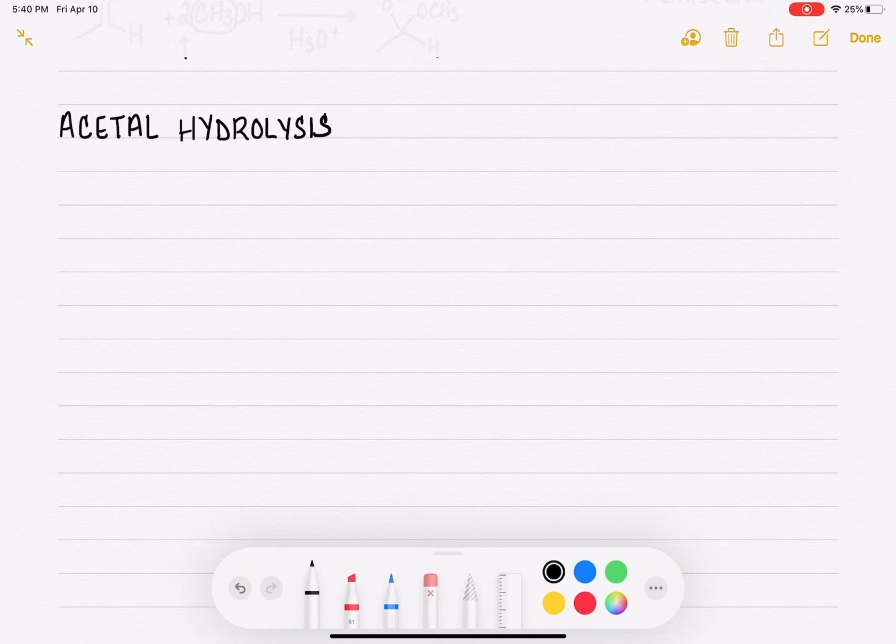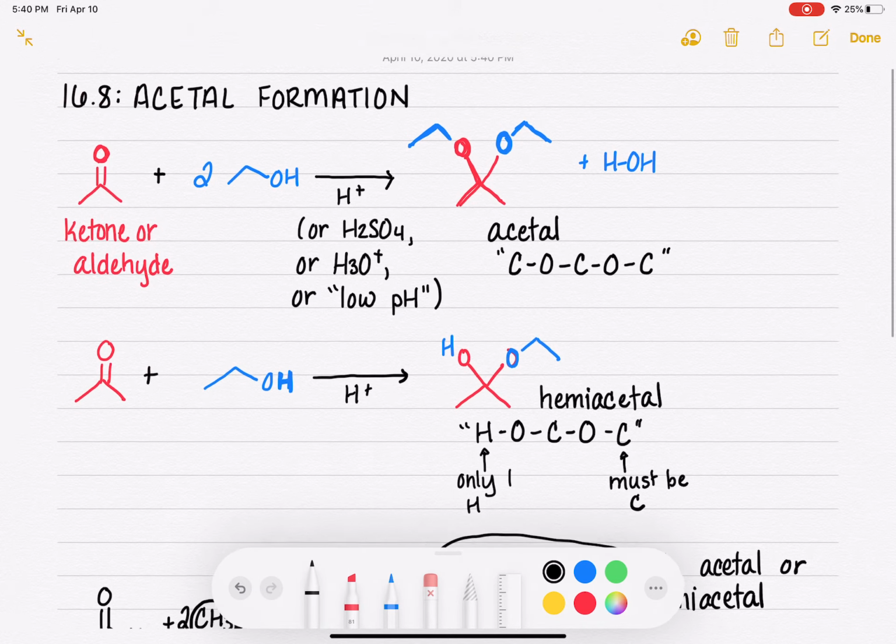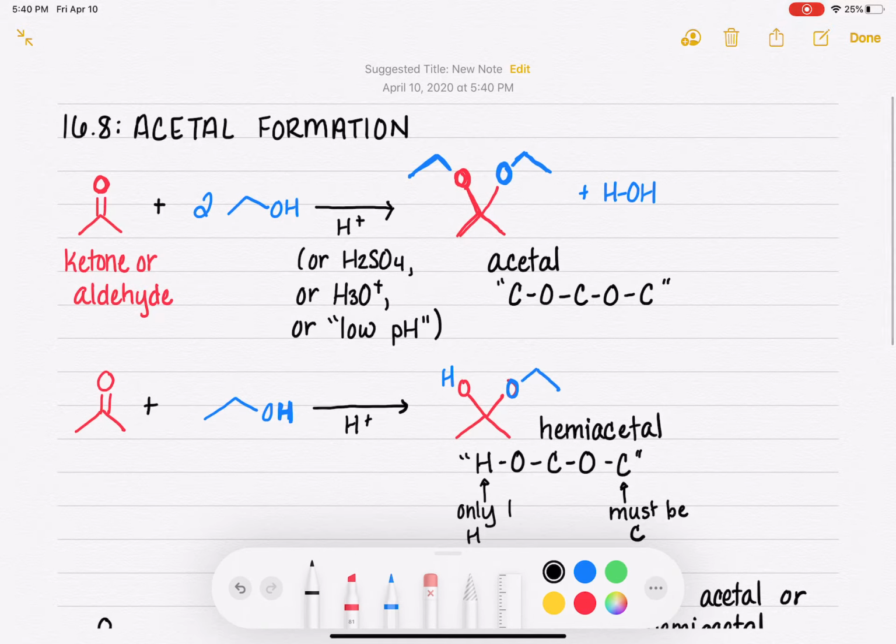So the acetal hydrolysis is basically this reaction in reverse, just going in the other direction. Starting at the acetal and backing up to make a ketone or aldehyde and some alcohols. And the same for the hemiacetal, starting at a hemiacetal and backing it up to make an aldehyde or a ketone.